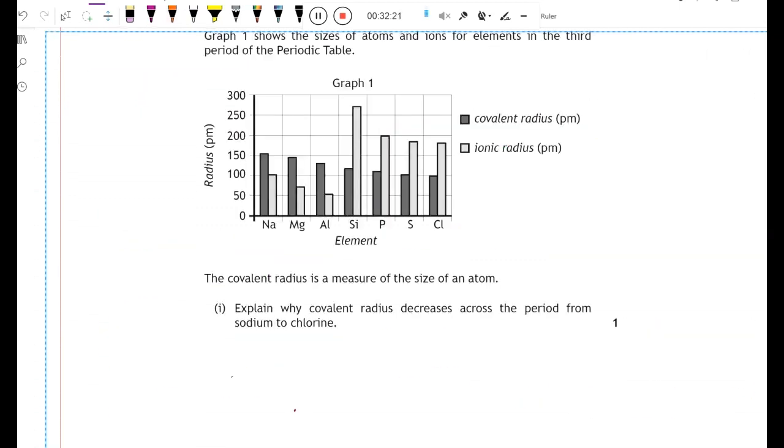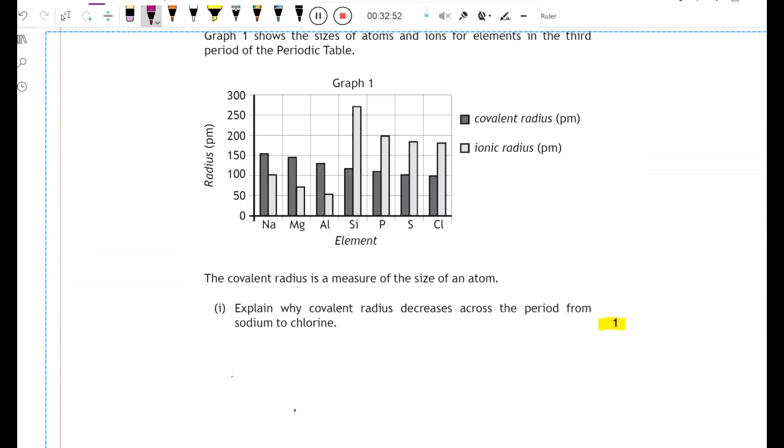Okay, we're now going to apply what we've covered to some past exam questions. These questions have come from the 2016 higher chemistry paper. What you have here is a graph of elements showing the covalent radius and the ionic radius, and this question is worth 1 mark.